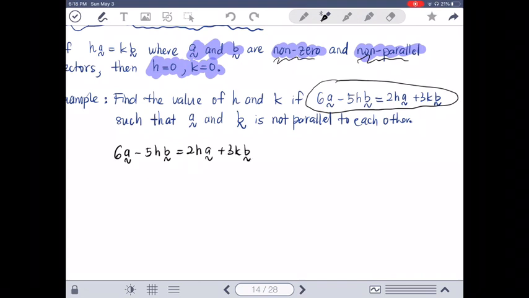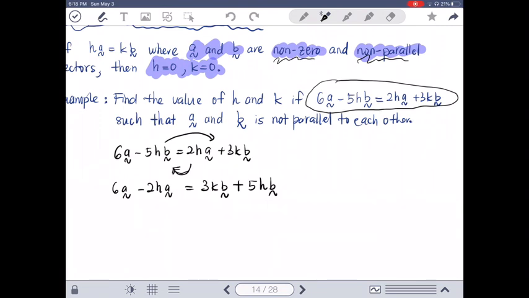What we need to do is separate vector A with vector A, vector B with vector B. So I will just rearrange. We have 6A minus 2hA equals 3kB plus 5hB. So I'll just bring that to there, that to there.